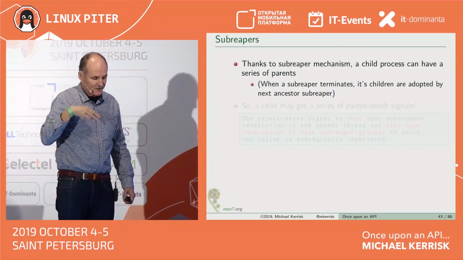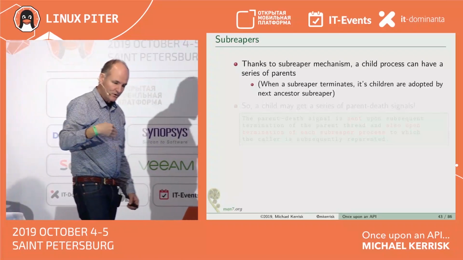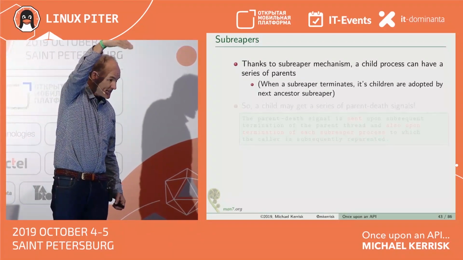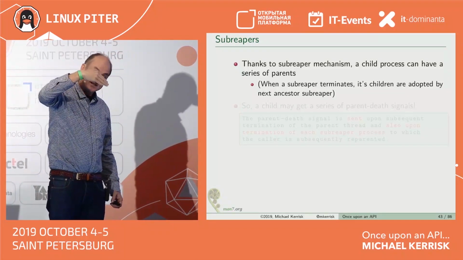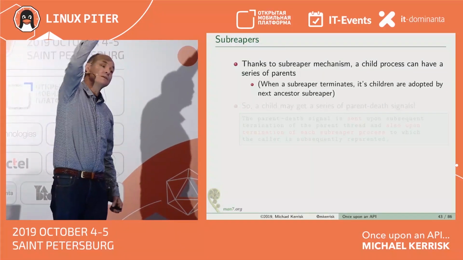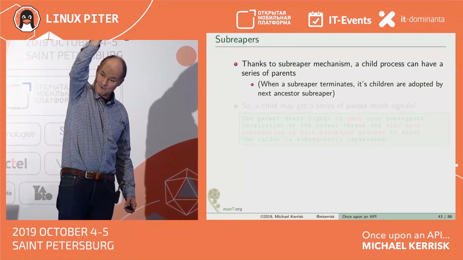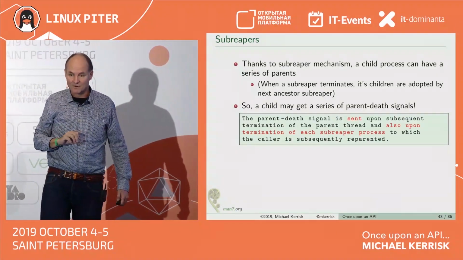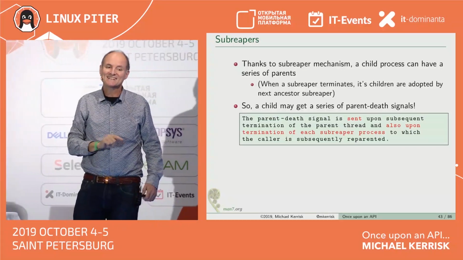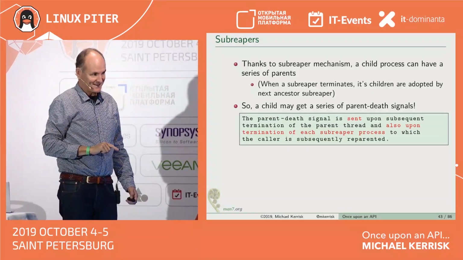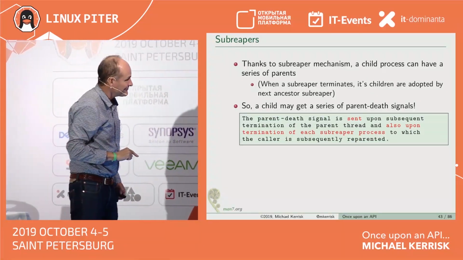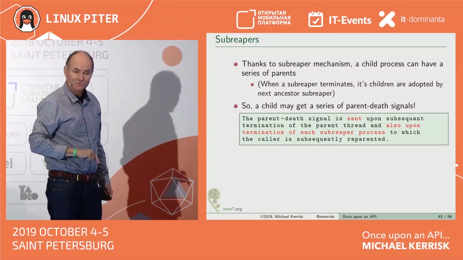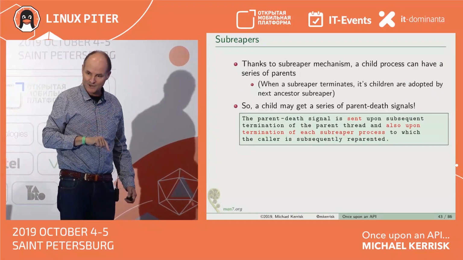If the child's original parent goes away, it'll be reparented to the next ancestor sub-reaper. If that ancestor sub-reaper terminates, then the child will be reparented to the next ancestor sub-reaper, and so on. And of course, surprise, surprise, that means the child might get a series of death signals, each time the child process is reparented to a new sub-reaper.